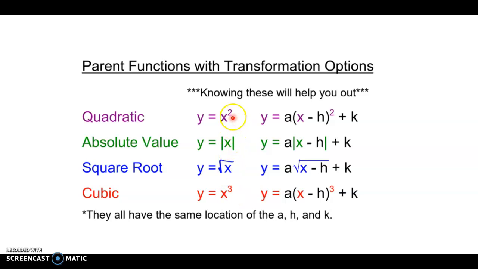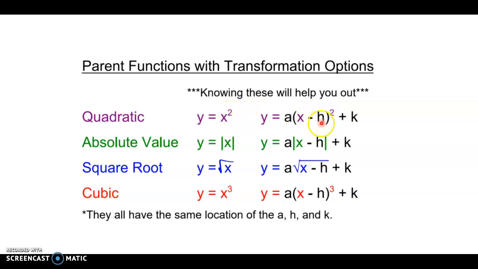Okay? So the function, when we write it in its expanded form, or we transform it, is going to take on this form. You're going to have an a, which is going to be in front. Notice here's the x, just like the x here, and it's squared, so that means it's quadratic.